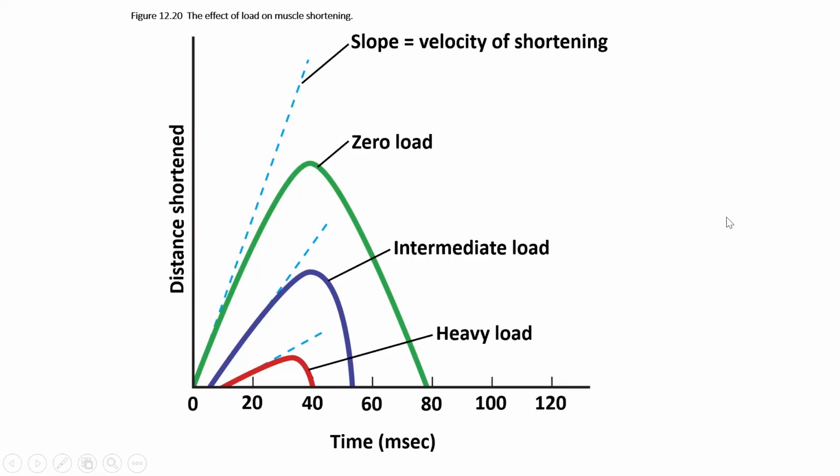And then comparing that to a heavy load, we see a larger latent period. So this is going to take the most time to warm up the machinery here. The duration is going to be the shortest. So if it's a really heavy load, I'm not going to be able to sustain it as long as I would be able to sustain the contraction of zero load or a lighter load. And then the slope is also going to be even more horizontal because it's going to take more time. And so the velocity of shortening is going to increase as well.